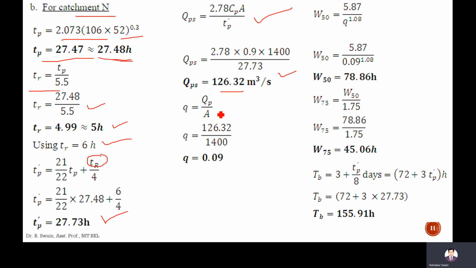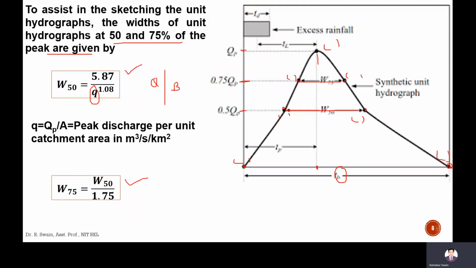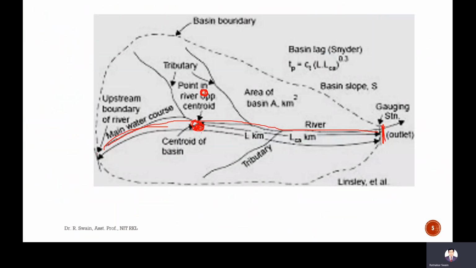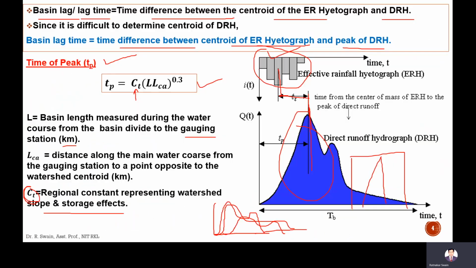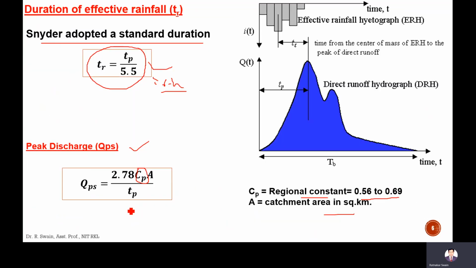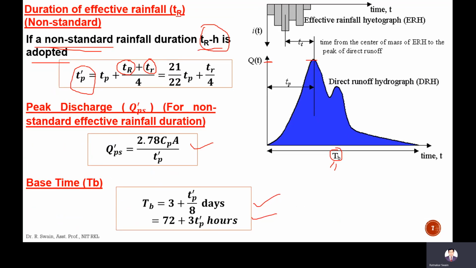Now small q. Small q is capital Q by B or capital Q by A. Okay, that is the discharge per area. Oh, here actually QP is given.